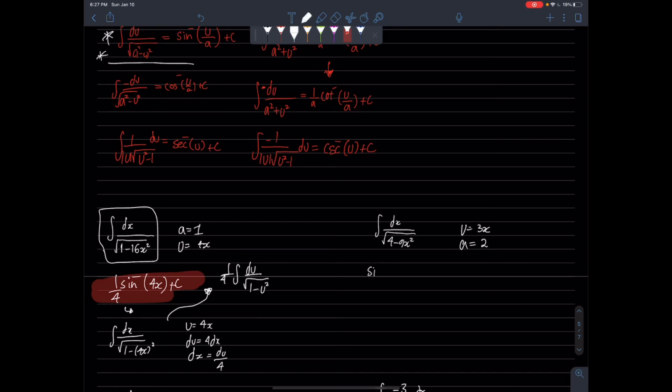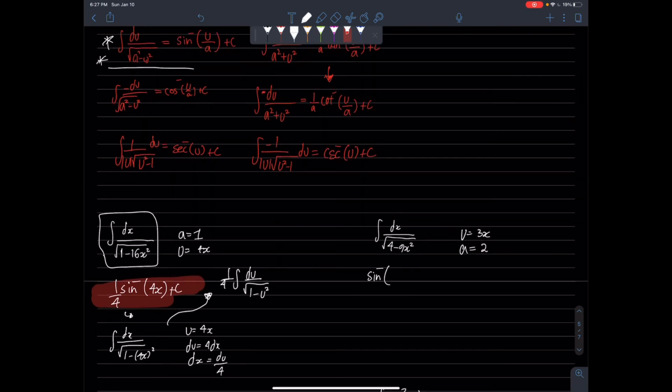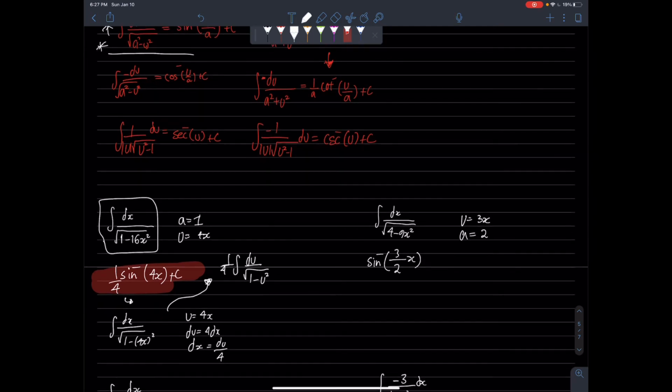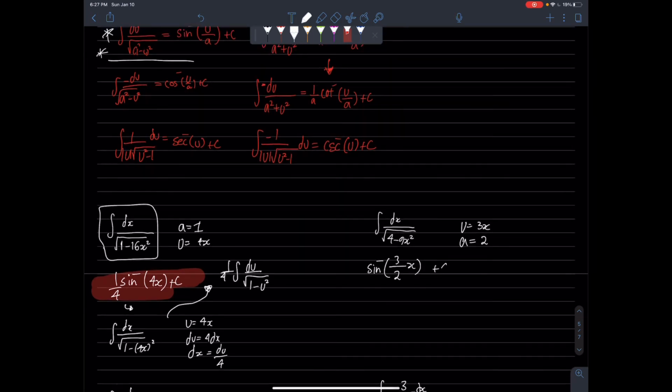So let's say sine inverse, our a is 2, sorry. A is 2, right? And then we got the u above it, so 3x. Plus c, and I'll just divide it by 3. That's all you have to do. Okay?